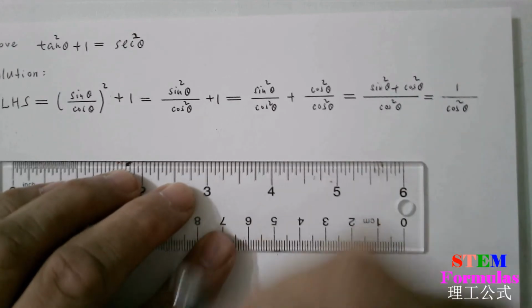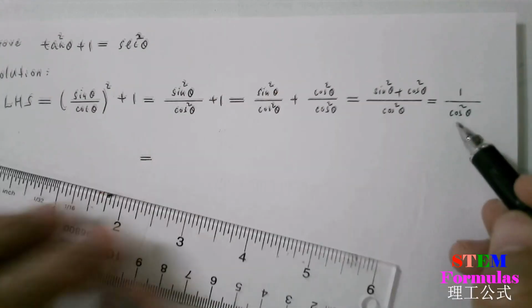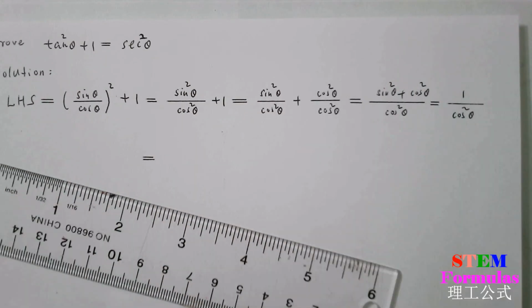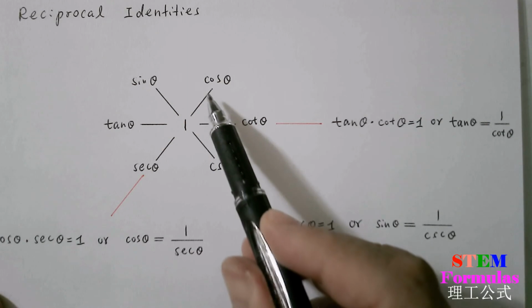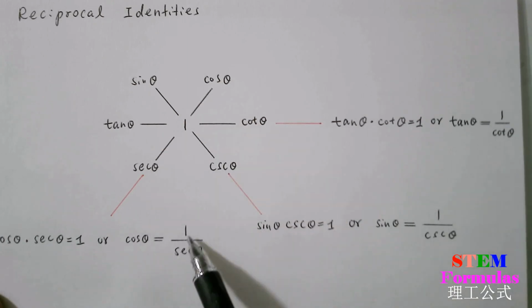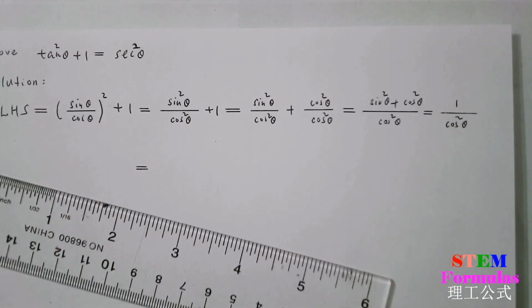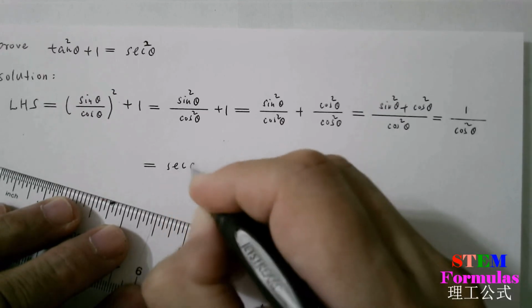And from this property, cosine theta equal to 1 over secant theta. Therefore, this equals secant theta square.